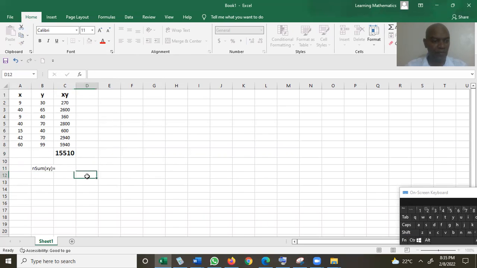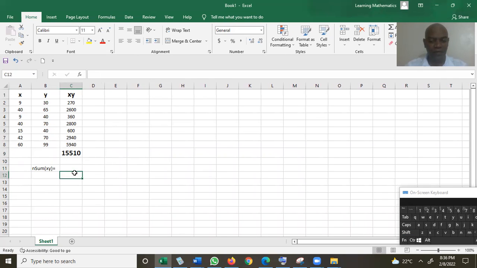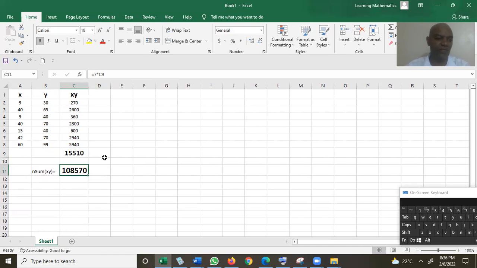Here we can type the formula: 7 times C9, enter. So n times the sum of xy, this is our first number in the formula, 108,570. Yes, 108,570, n times the sum of xy.